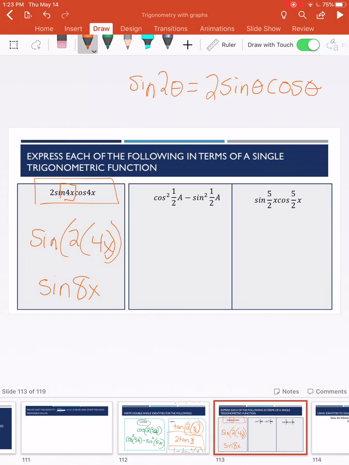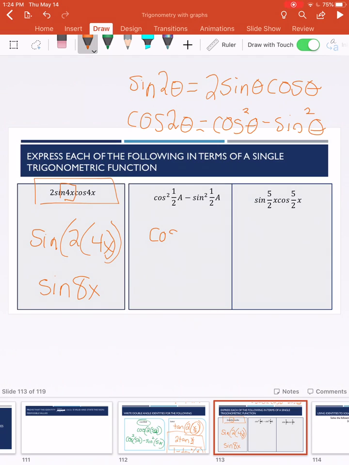Over here we have cos squared 1/2 a minus sine squared 1/2 a. Again, I'm looking at my double angle identities, and I notice that that looks very similar to the identity for cosine 2 theta, which is equal to cos squared theta minus sine squared theta.